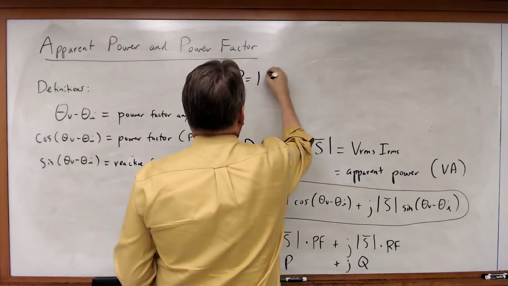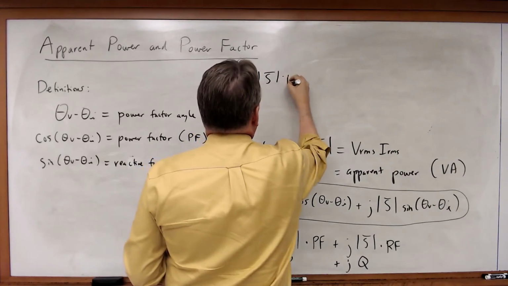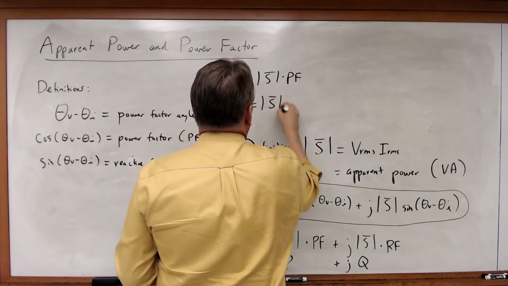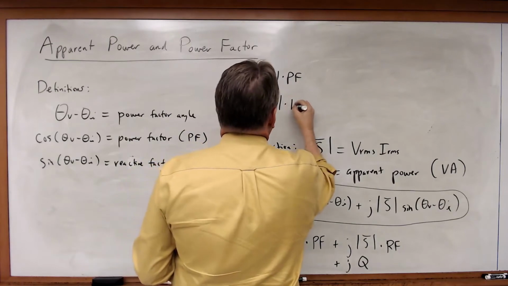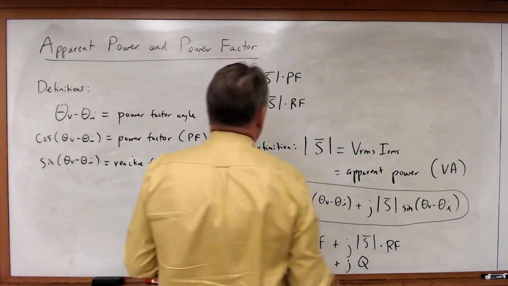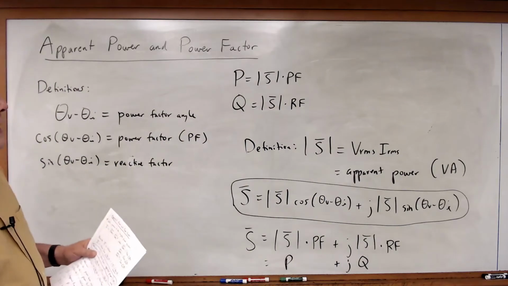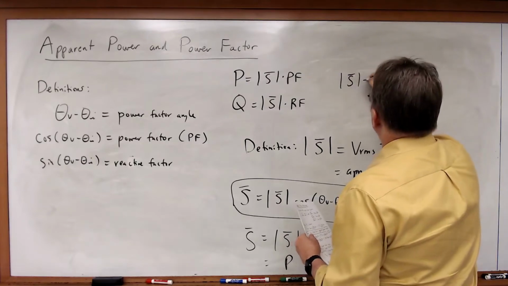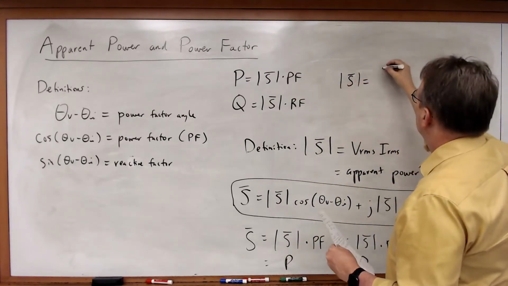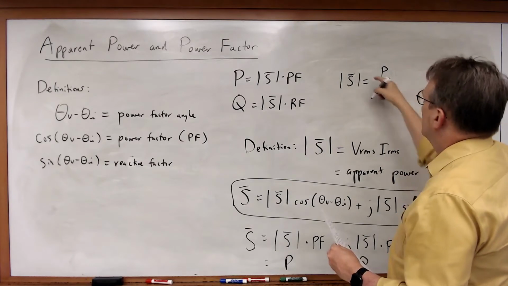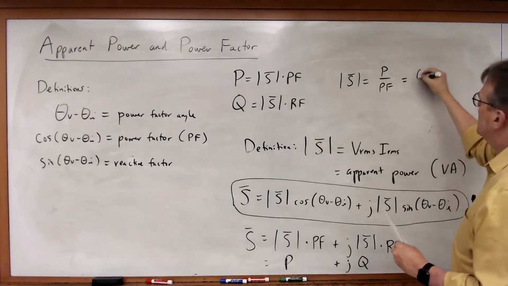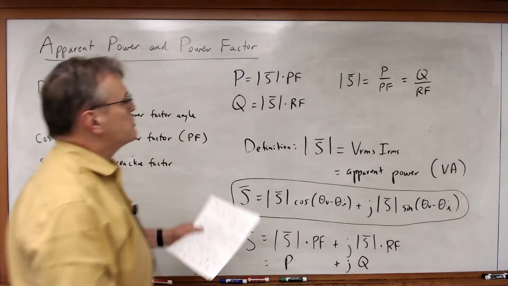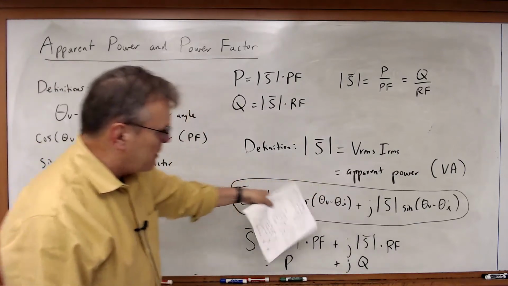P is equal to the real part, the magnitude of S times the power factor. Q is equal to the magnitude of S times the reactive factor. And therefore, apparent power is either equal to P divided by power factor. It's also equal to Q divided by reactive factor. So all of these identities come right out of this equation, right out of this definition.